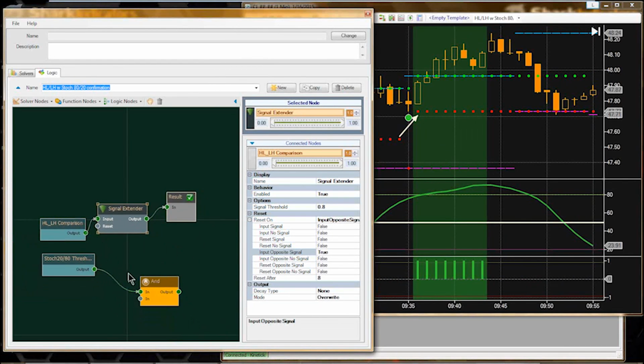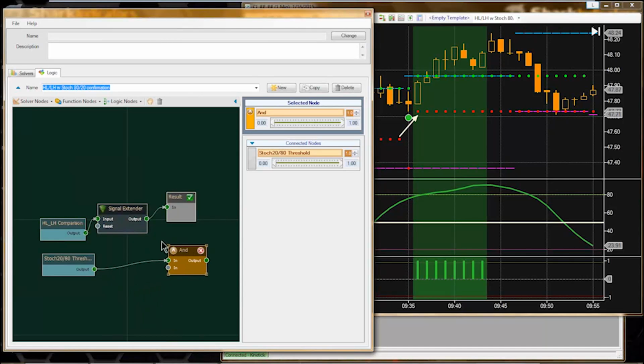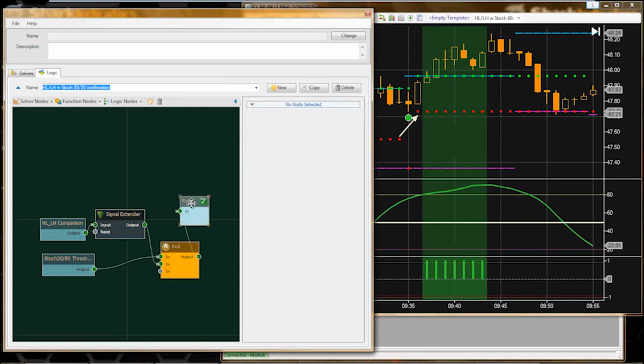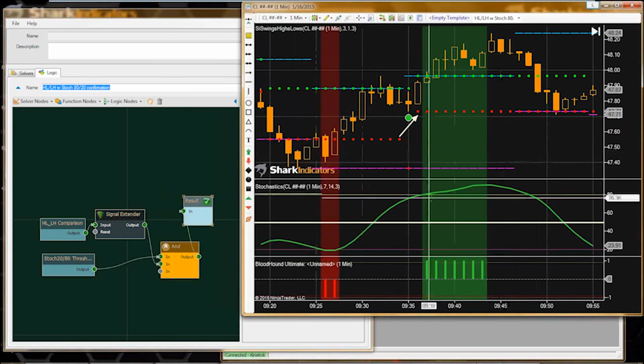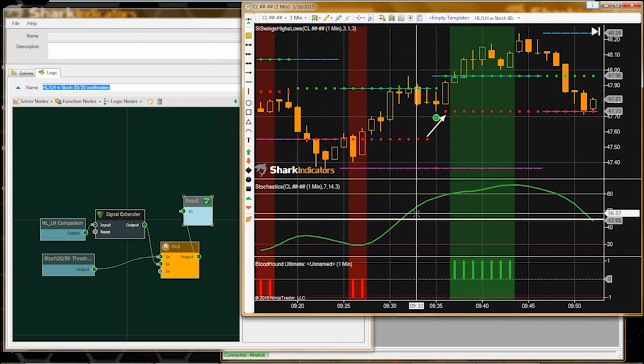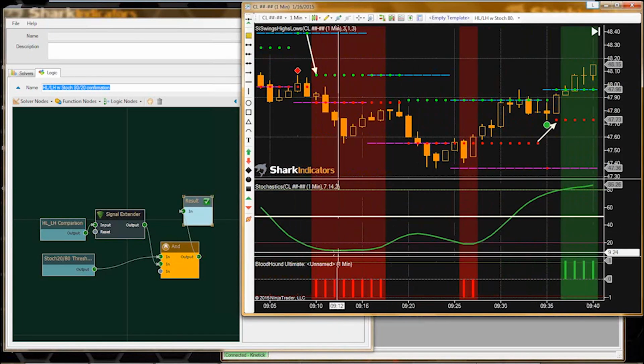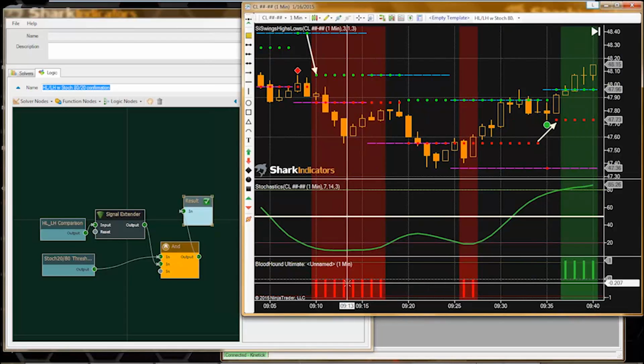And now what we want to do is connect that extender in, and there we go. Now if we look at this, we're getting a bunch of signals in a row.